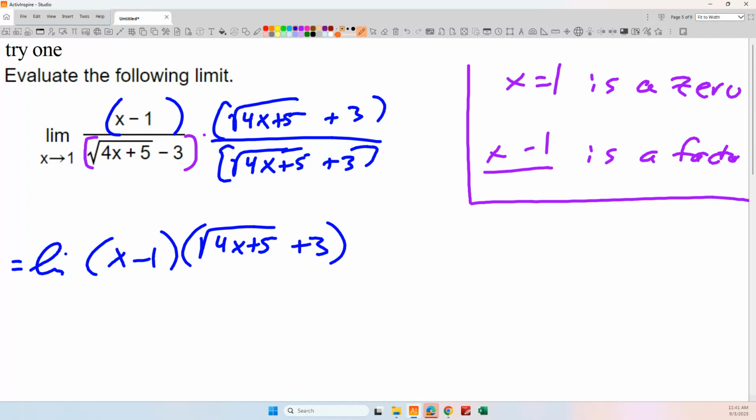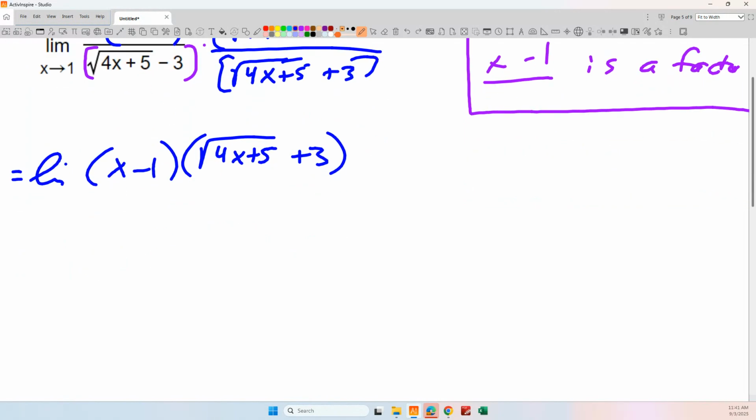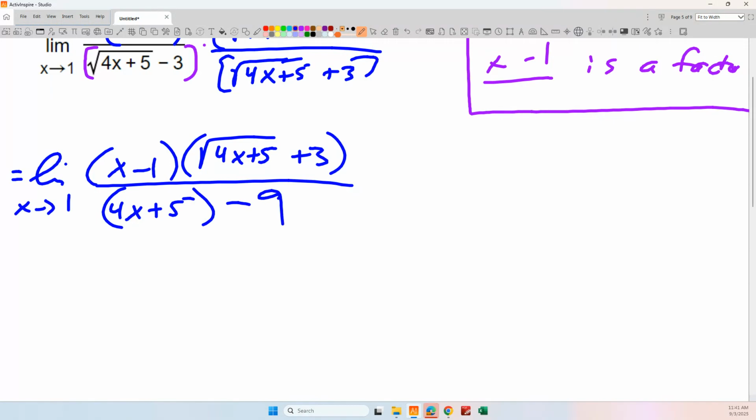On the bottom, this is where the magic happens. That's just a minus b times a plus b. So we get a squared, 4x plus 5 minus 9. And from there on out, it's pretty smooth sailing, right? We would just combine like terms on the bottom and factor out a 4.